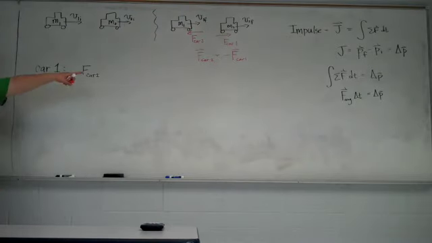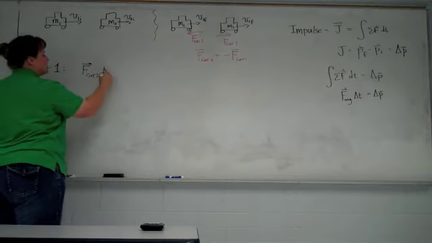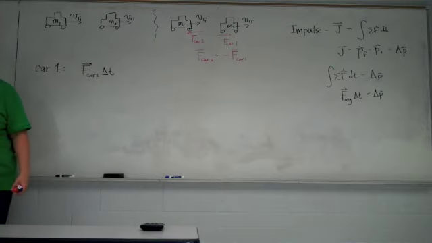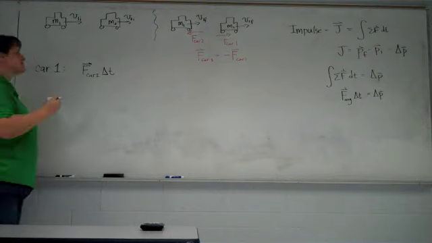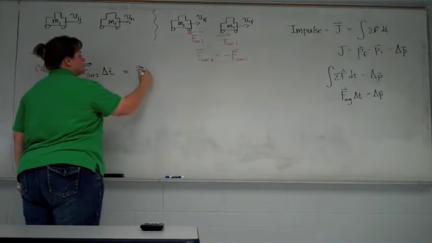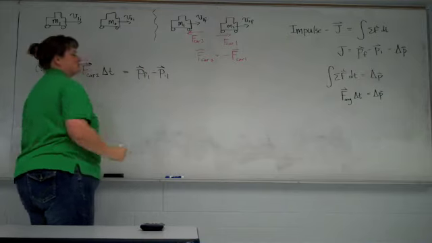So using the bottom equation, the average force times the change in time, the amount of time it took for that collision to happen, is equal to the change in momentum. So the force of car 2 times the amount of time that collision lasted, which wouldn't be very long, has to equal the final momentum of car 1 minus the initial momentum of car 1.